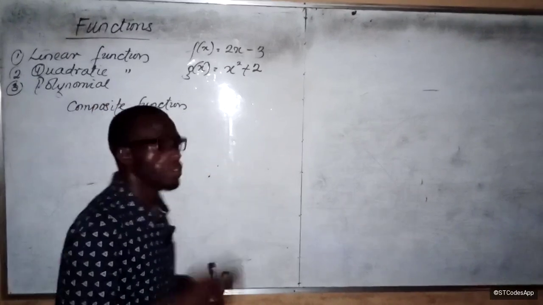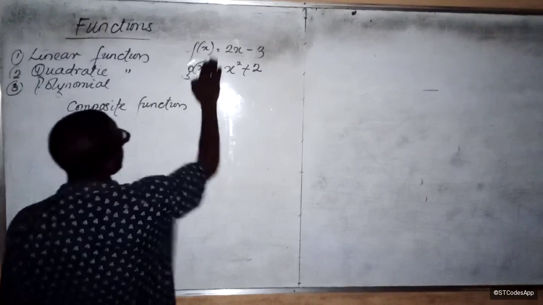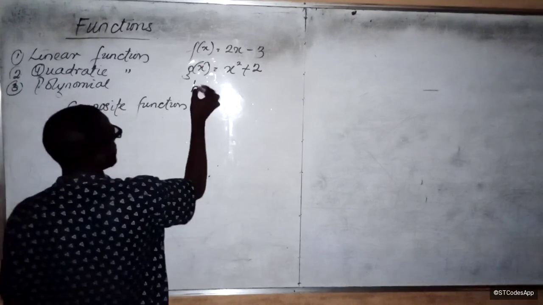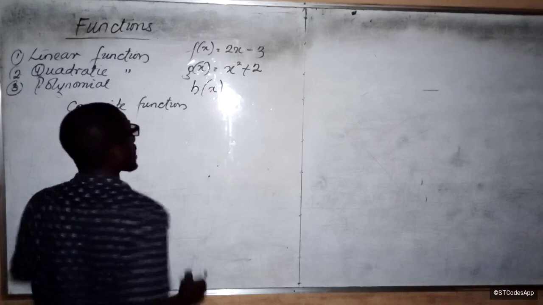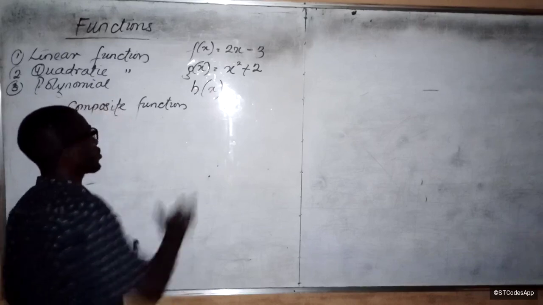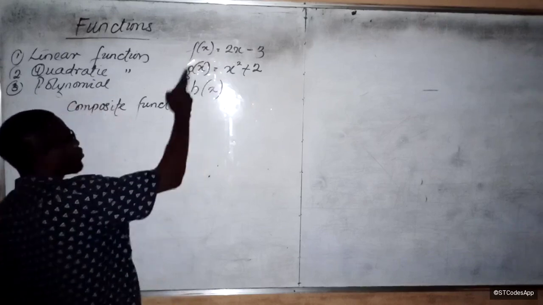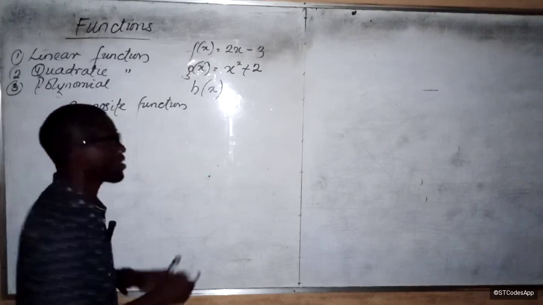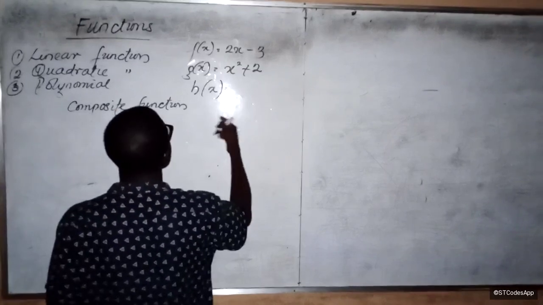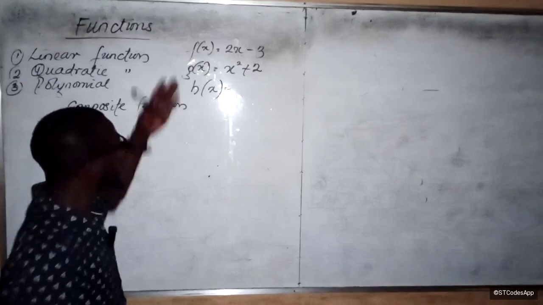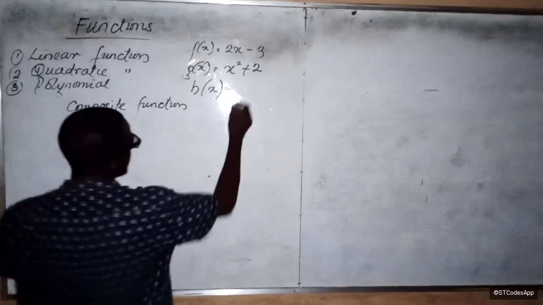Is that okay? Okay, so for example, let's use these 2 functions. Let me generate a third function, let's say h of x. These are notations in mathematics that we use: f of x, g of x, and h of x. I'm not going to be introducing a trinomial here, just linear, quadratic, and another linear.